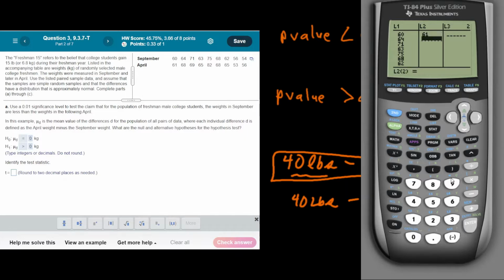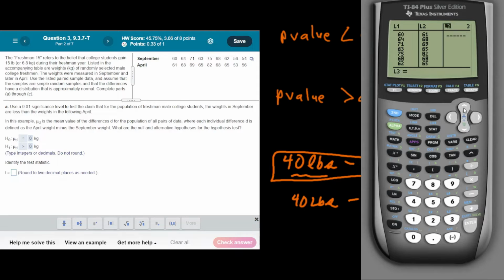This is for April. 68, 69, 65, 82, 68, 65, 53, and 56. Okay, and remember, we need a third column for the differences between the two.